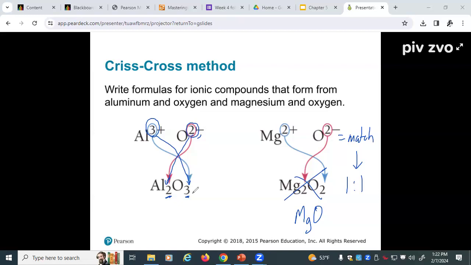Now, why does it work? Well, basically, it falls into what's called the lowest common multiple. Lowest common multiple between 2 and 3 is 6. And so if I have -2 times 3, that gives me -6. If I have aluminum times 2, that gives me +6.